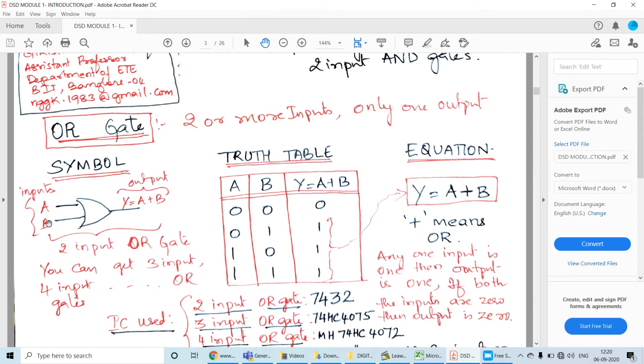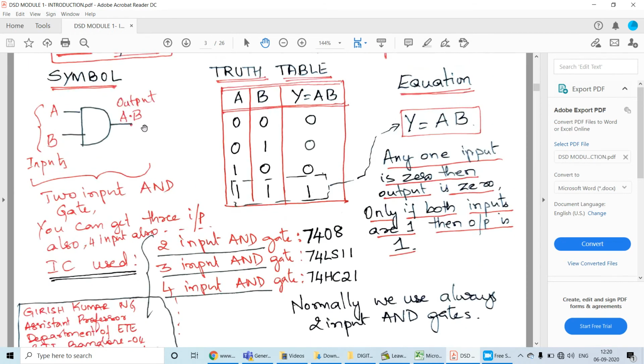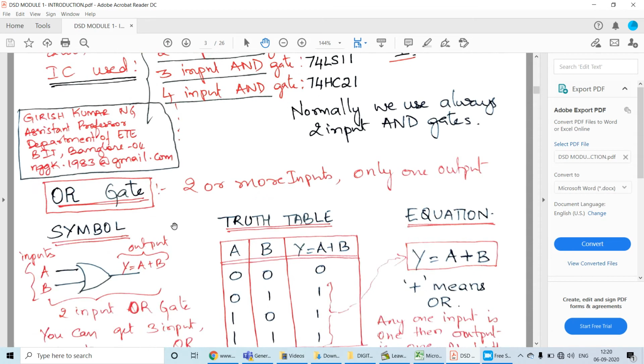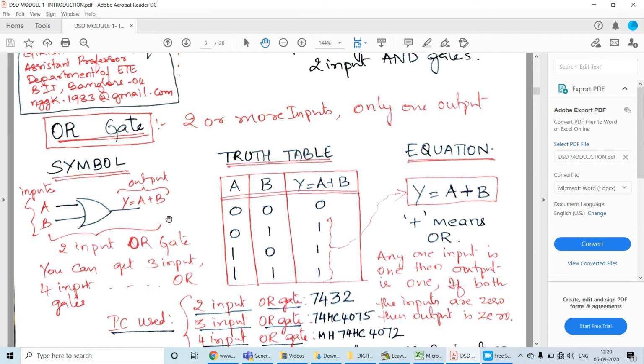So we have 2 inputs here, which are A and B, and one output Y. Normally we will write this as A plus B. Plus says OR, dot says AND. Here it is A dot B, whereas here it is A plus B. Now again the truth table for the OR gate. In an OR gate, if both inputs are 0, then only the output is 0.